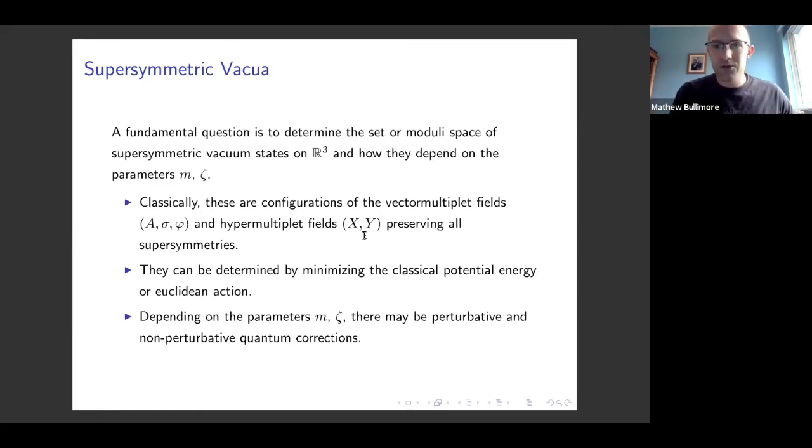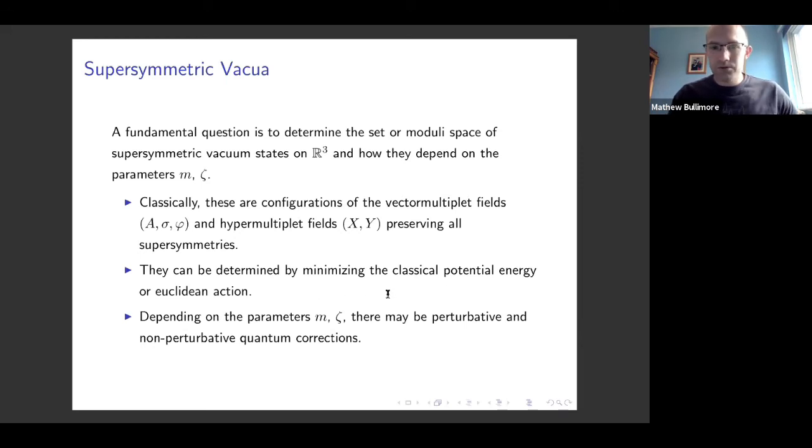So they're the vacua of the system in flat space. And we'd like to understand what the vacua are. They could be discrete. They could be a moduli space. They could be an extended parameter space of vacua. And so we'd like to understand what type of supersymmetric vacua we have, in particular, and how that depends on the mass and Fi parameters, and how things jump and shift and move around as I vary those parameters.